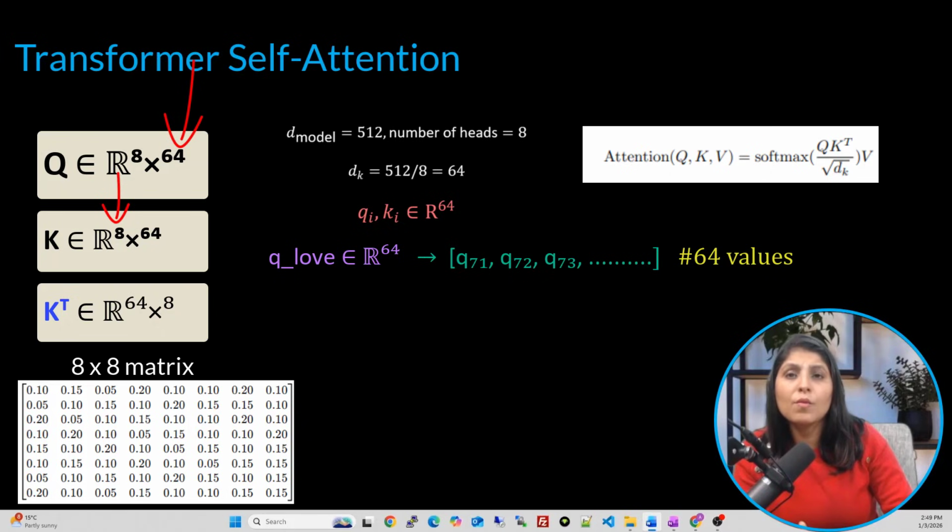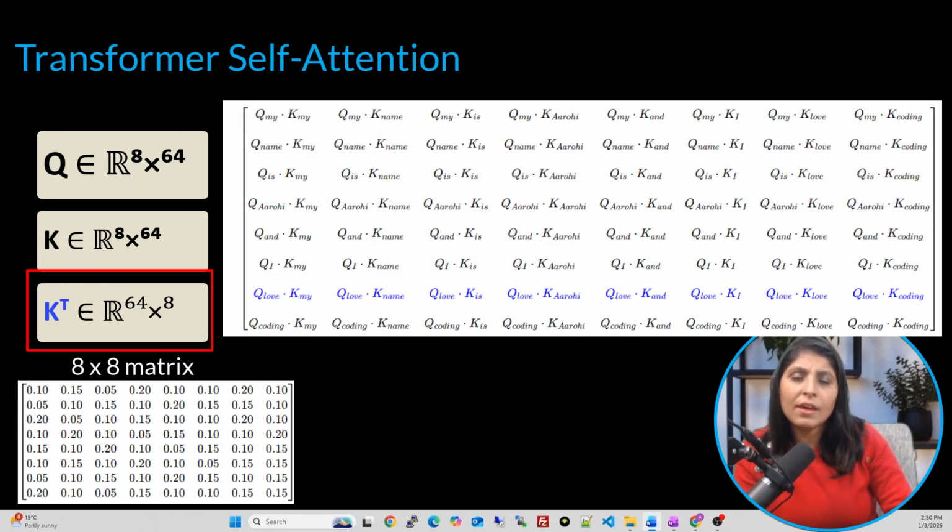So that's why we used transpose. Transpose simply means we swap the rows and columns. Now we are transposing the key. Right now key is a matrix of 8 into 64 shape. But after transposing, we have 64 rows and 8 columns. Rows became columns and columns became rows. And we transpose K because we want to compare every query with every key.